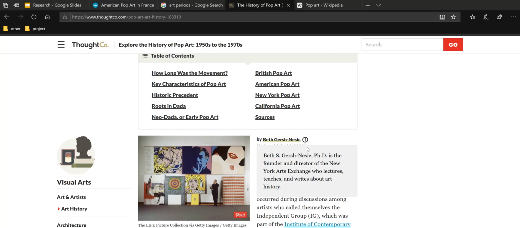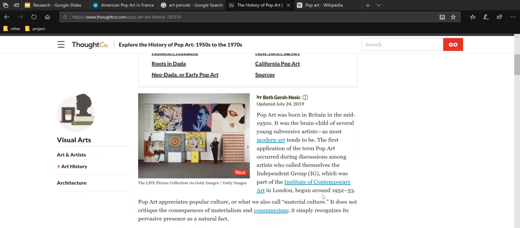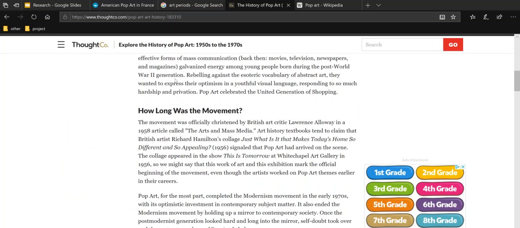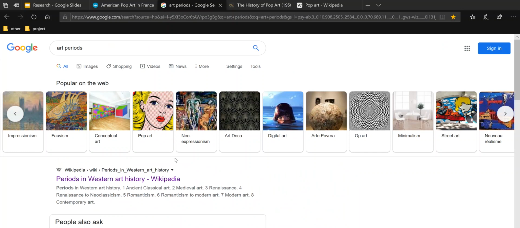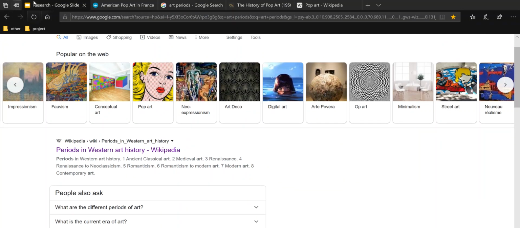So she's a very reputable source to get information about art. She teaches it, so I would bet that her information is pretty reliable. So as you're researching, just keep it in mind.